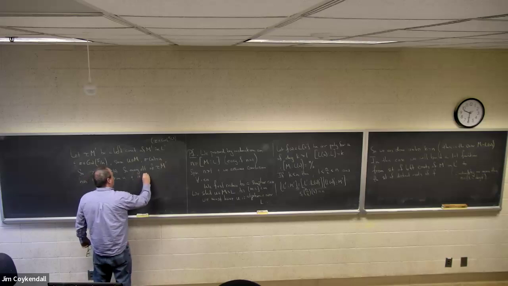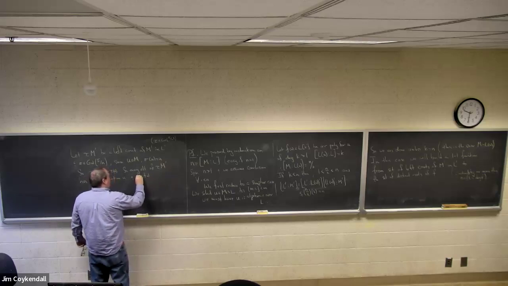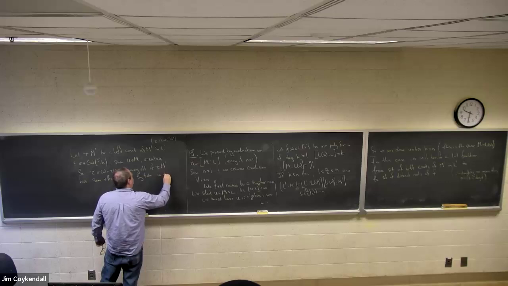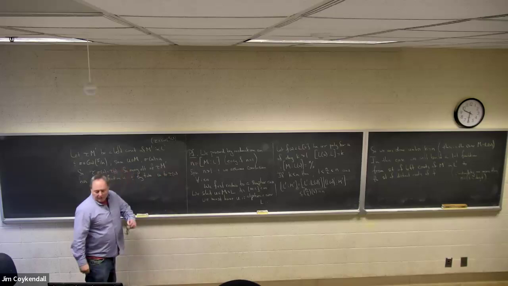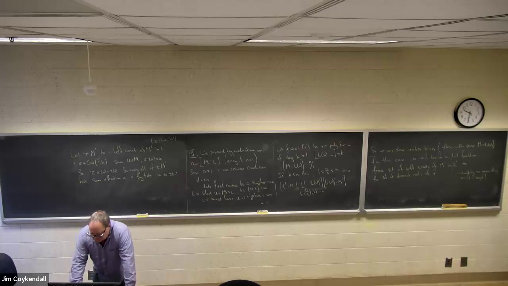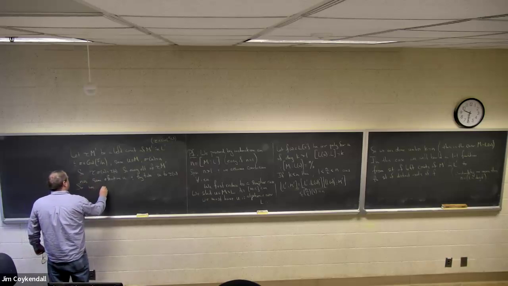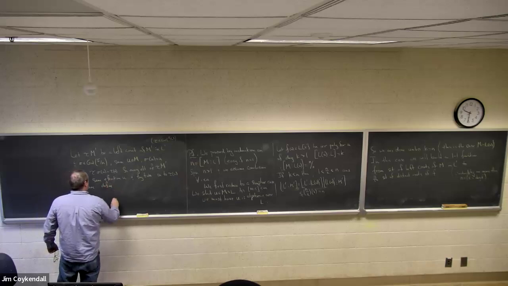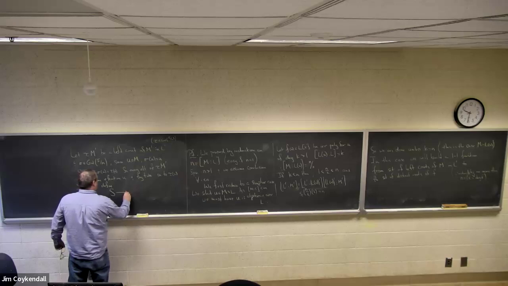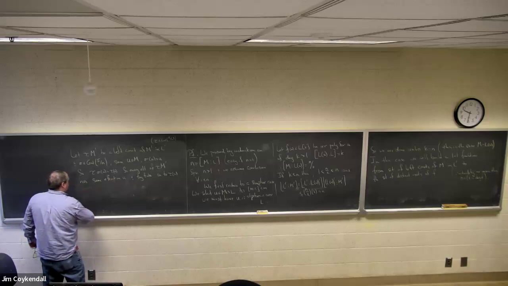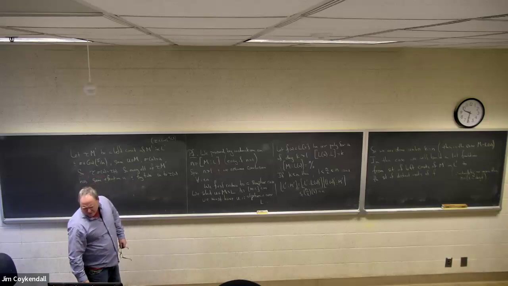And it takes u to whatever tau u is. So we're going to define the map thusly. Let S be the set of cosets and T be the set of roots.